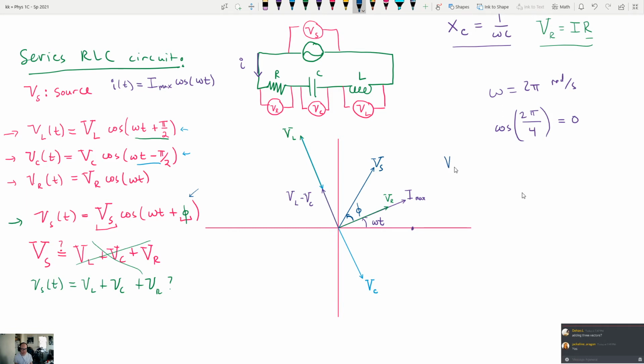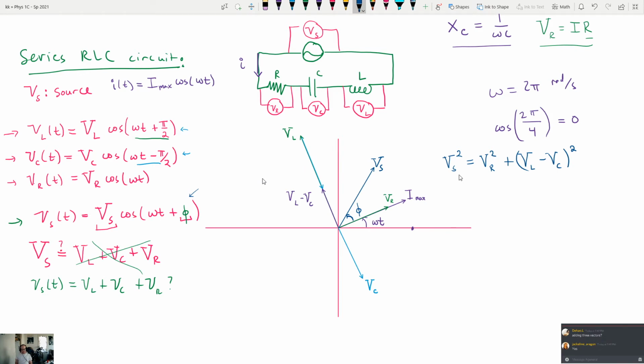So V sub s squared should be equal to V sub R squared plus V sub L minus V sub C, whole squared. Can you all see that from the picture? Yep. Okay, so this is pretty much the whole point of doing the phasor thing, to get to this step, where we can now go through and vastly simplify the way we're going to understand this.